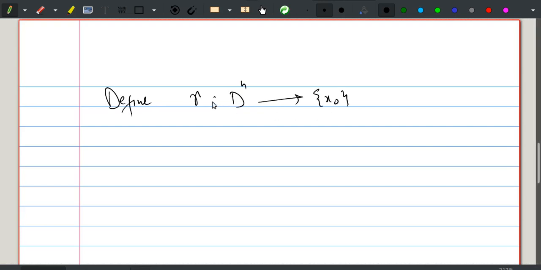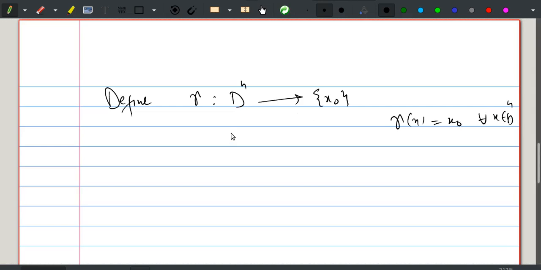So to prove this, define R from Dn to this x naught. Clearly this is a constant map, because this entire disk goes to this point, so this is a constant map. So R of x will be equal to x naught for all x in Dn.